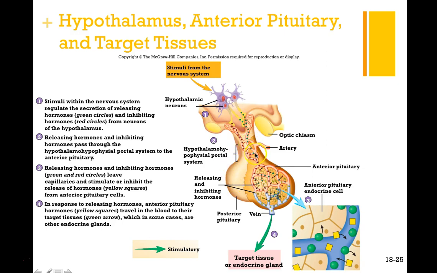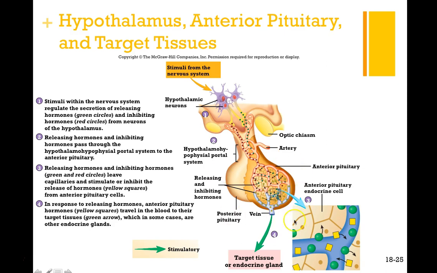So that brings these hormones, whether it's releasing or inhibiting, over to our anterior pituitary gland. As it's traveling through the capillaries here, we will stimulate the glandular tissue to either secrete a specific hormone or inhibit secretion of a hormone.